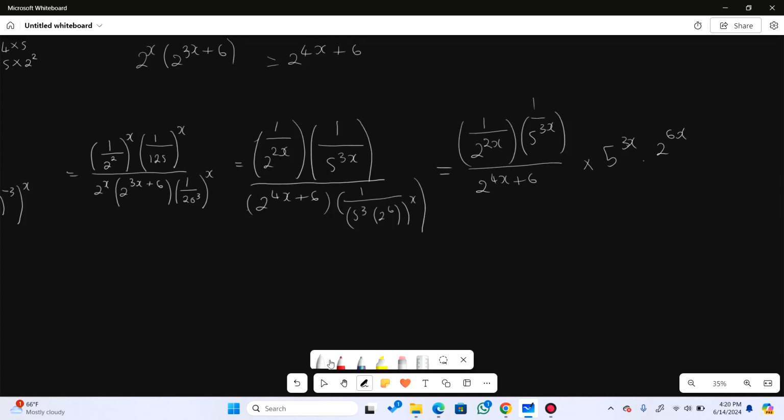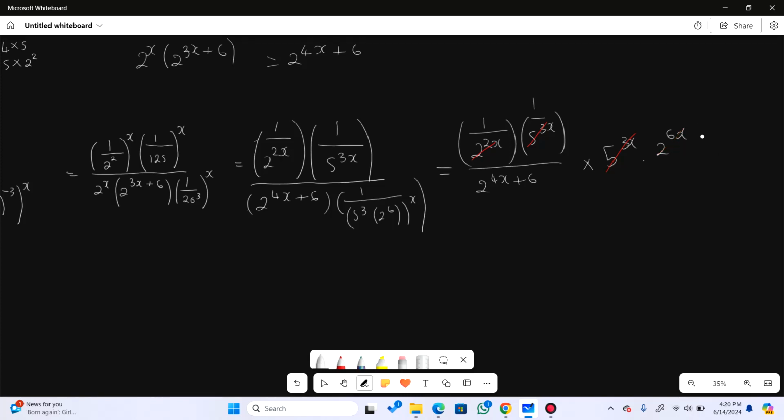Yep. And then here notice that these two will move, and then these two will move, and then we are left with 3x, right? No, we are left with 4x.